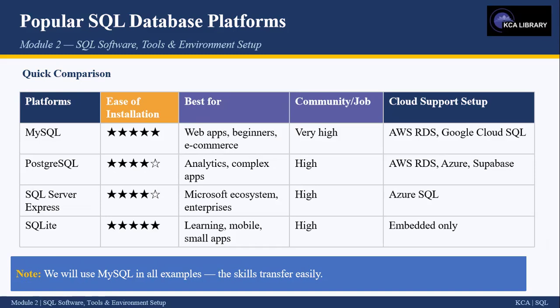SQL Server Express is great if you are in the Microsoft ecosystem, while SQLite is fantastic for learning and small projects because it requires zero installation. It is important to note that we will use MySQL throughout this course, but the skills you learn will transfer easily to other platforms.